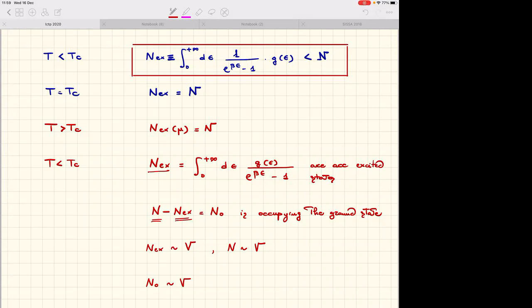All the particles start occupying macroscopically the ground state. This phenomenon of a macroscopic occupation of the ground state below a certain critical temperature is known in the literature as Bose-Einstein condensation.